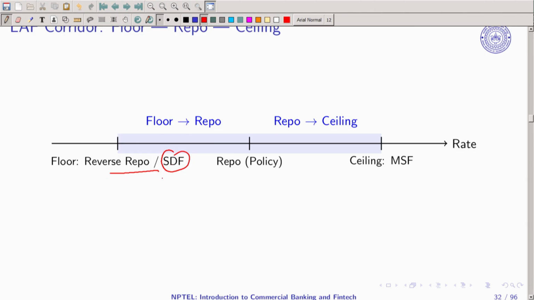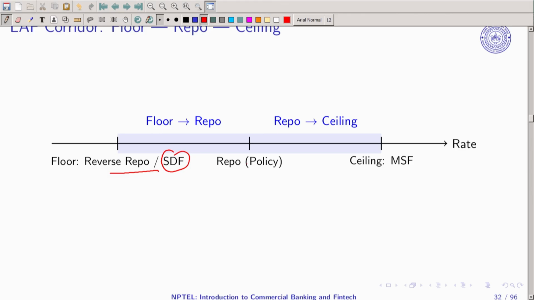In the case of reverse repo, you have to put a collateral with RBI when you are depositing money with the RBI. In the case of SDF, you don't have to go for any collateral. You can just keep the money, but the rate of interest will be lower than the reverse repo. So this is what it implies.